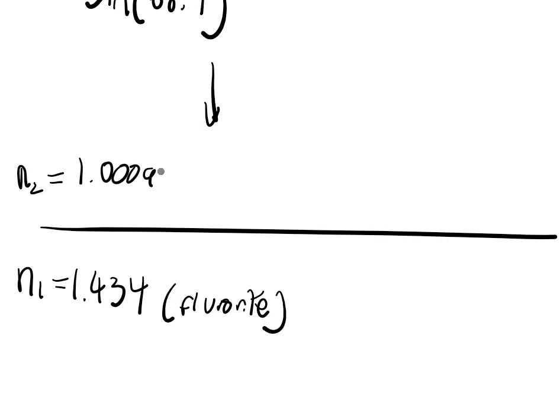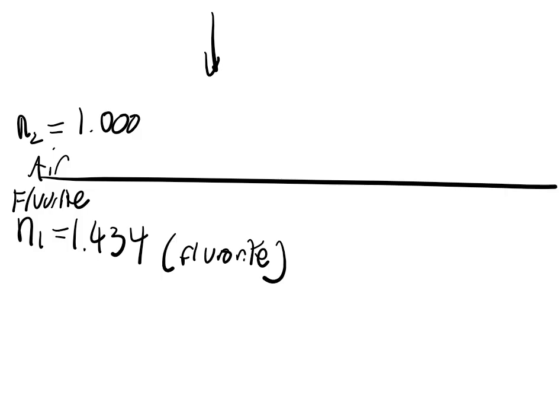I think it was like 1.0003, but we can just keep it as 1 for simplicity's sake. So here we have air, here we have fluoride, and we're now solving for the angle such that when this light does this, some unknown theta here between the normal and this light, the light travels up and never even refracts out of the boundary. It goes along the boundary and it never crosses into n2.